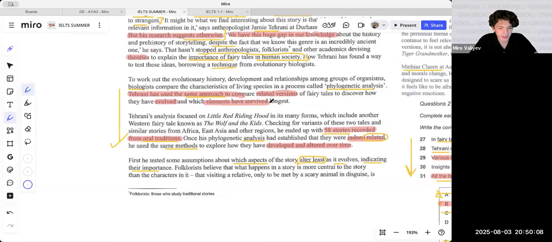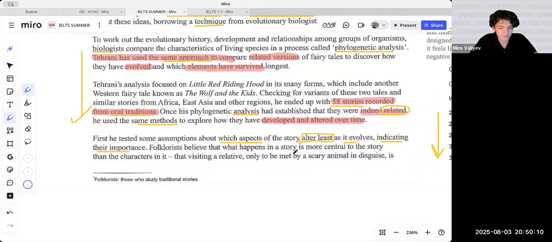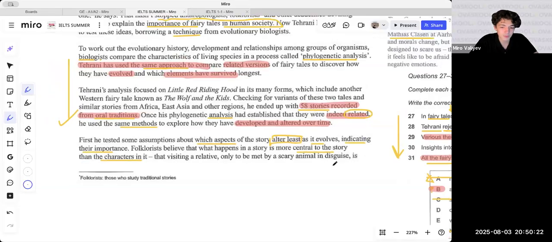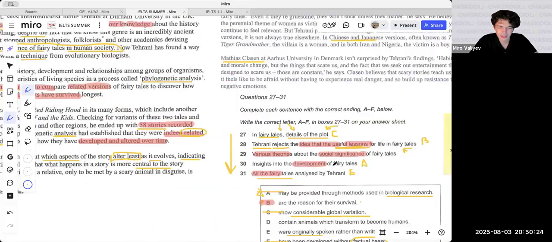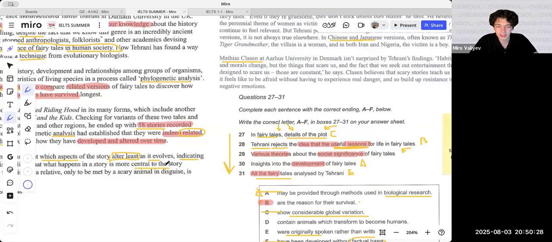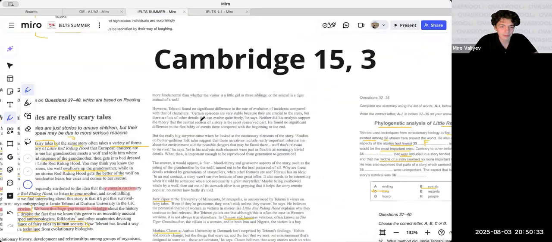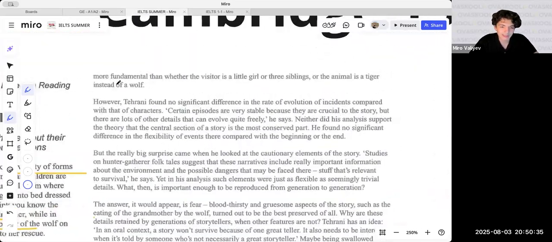Let's carefully read here. So folklorists believe that what happens in the story is more central to the story than characters in it. That visiting a relative only to be met by a scary animal in disguise is more fundamental than whether there is a terrible something.